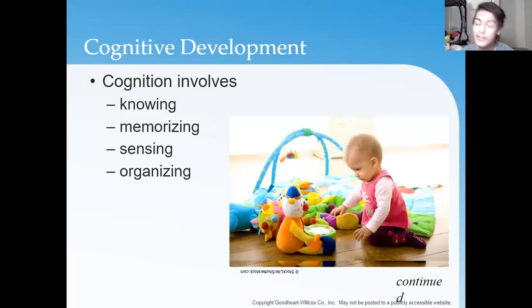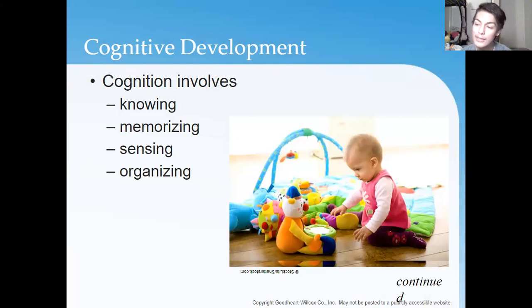Our second type of development is cognitive development. Cognitive development has to do with our cognition, which includes knowing, memorizing, sensing, and organizing. As we see in the picture, the baby is out here playing and having a fun time.